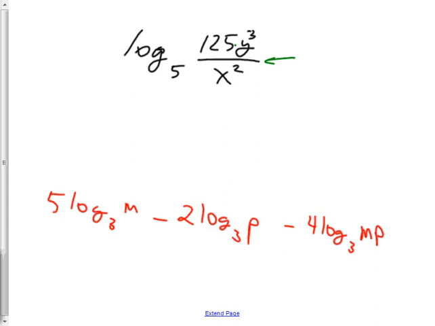Mr. GK, tell me how to start. Base 5. Nope, log base 5 of 125. Okay.